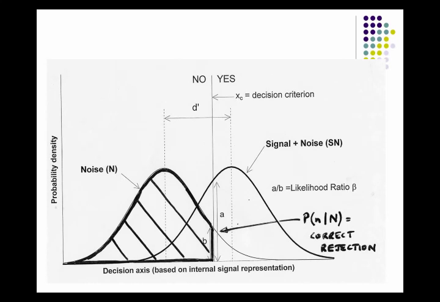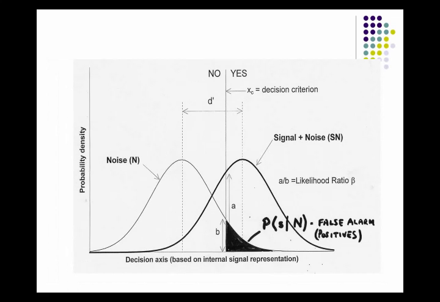That's the probability that there is no signal, the noise probability, and the subject says no, there isn't one. That's what we call a correct rejection. Last, but not least, you don't play a sound, but the subject says there is a sound. That's this bit down here. That's the probability that the subject says yes, but there isn't one. That's what's called a false alarm or false positive.